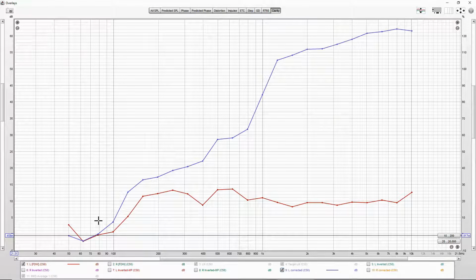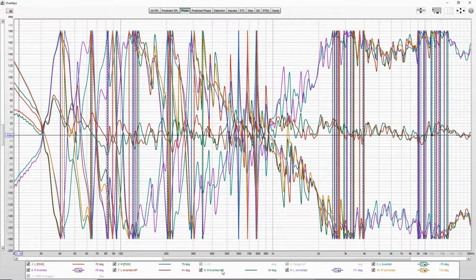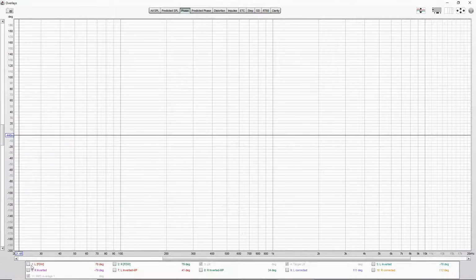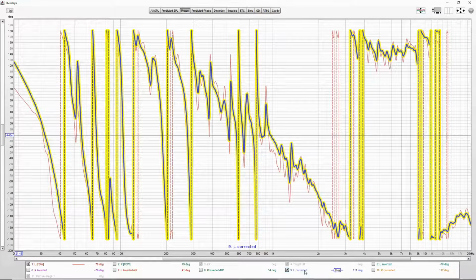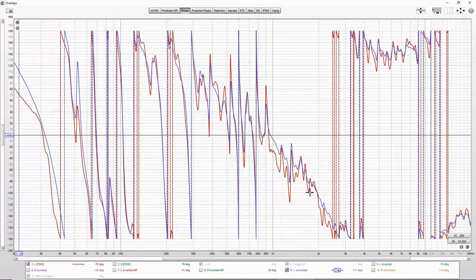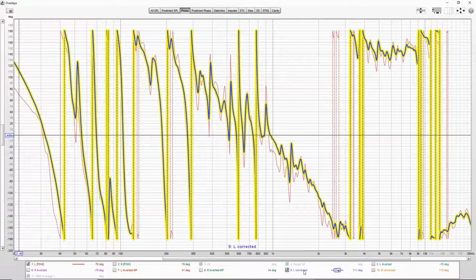So in terms of clarity, there is a major improvement. And the phase response also should have been smoothed a little bit. As you see, all the fluctuations in phase all around have been corrected by a minimum phase, but in the right way. That's what all these filters did.